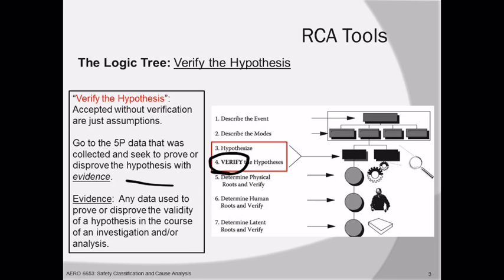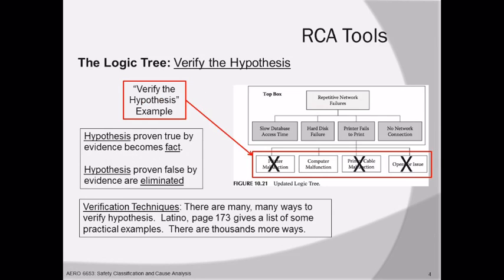As we prove or disprove the hypothesis, our fact line, remember in the top box, these were all fact, begins moving down the chain, or down the logic tree. When a hypothesis is proven true, it becomes fact.